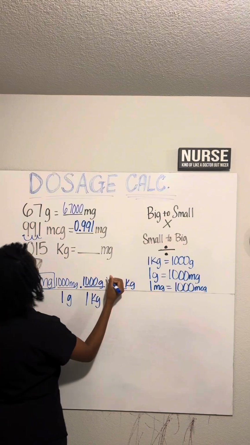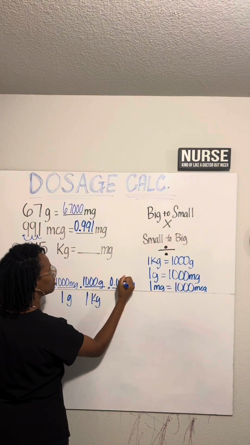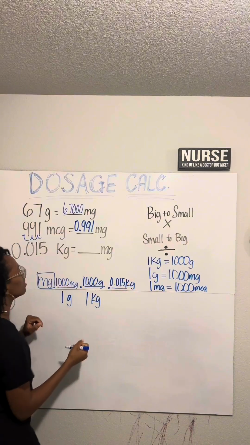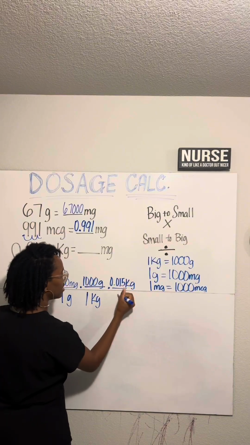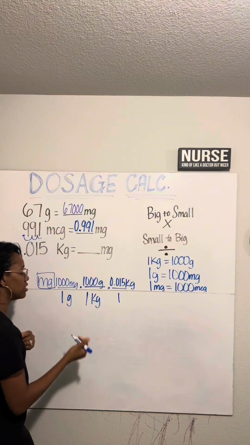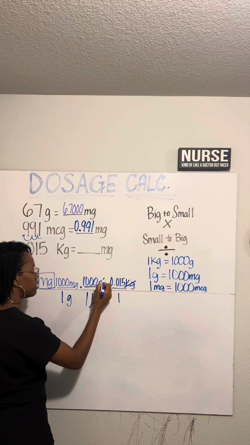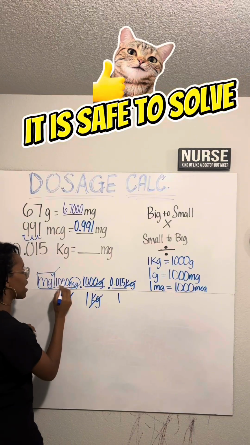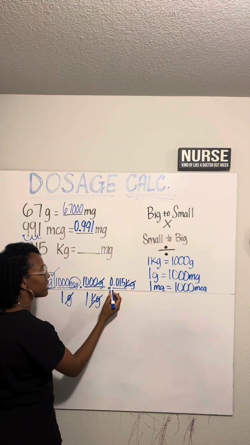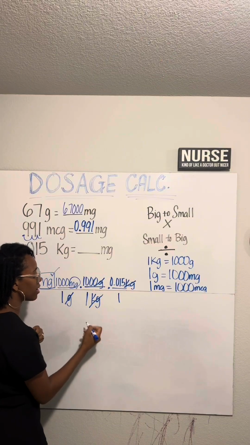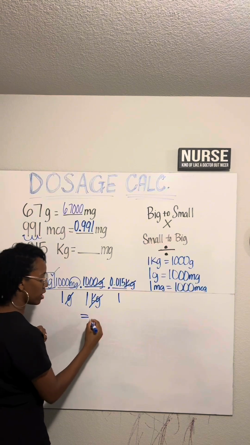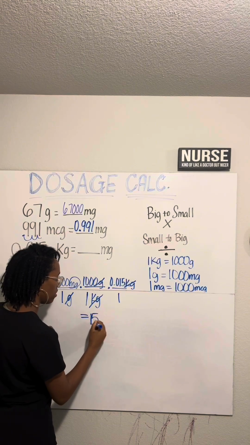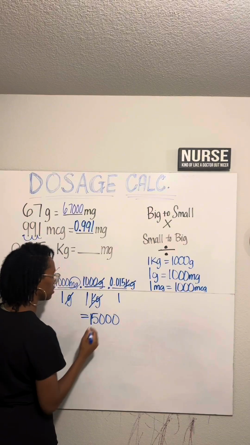And that's going to say 0.015 kilograms. And it doesn't have anything behind it. You can always just give it a 1. So let's cross out kilograms and kilograms, grams with grams. We're left with milligrams. So 1,000 times 1,000 times 0.015 will equal a total of 15,000. All right.